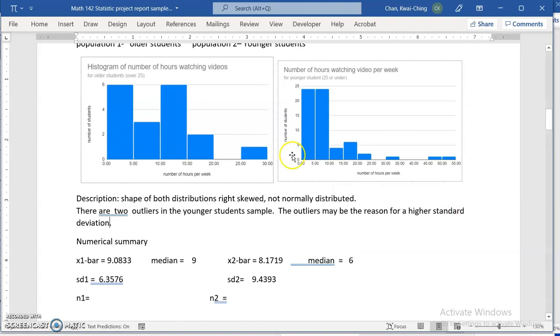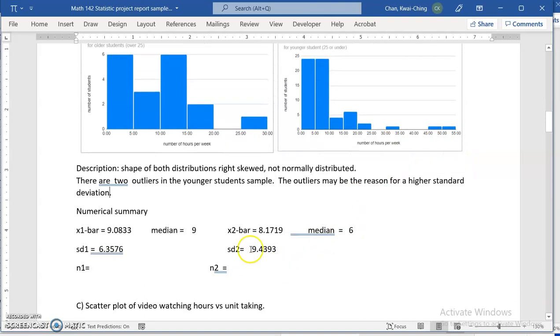Because it's really, really spread out. The highest one for the older population is 30, but this one goes all the way to 55. And the reason why it's 55, that's just for two data, but it seems to make the distribution much larger, the range to be larger.